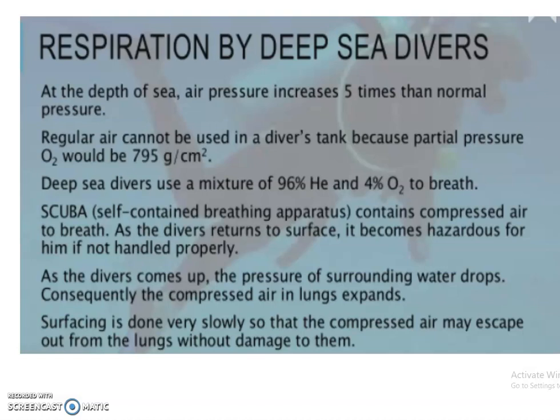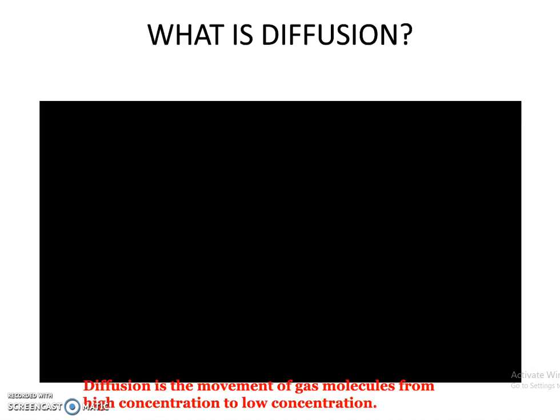When he is going deep inside and doing diving in the deep sea, and when he is trying to come back, what happens? Again, the partial pressure of oxygen is going to change as he comes out. So the diving process has to be done stepwise, and rash upsurging or rash coming out should be avoided because that will damage his lungs.